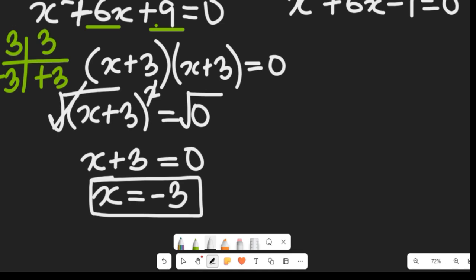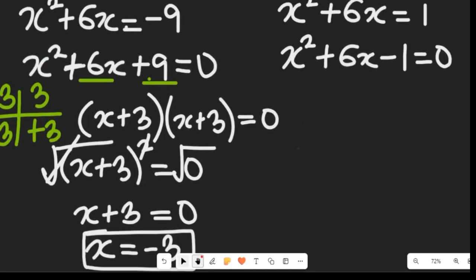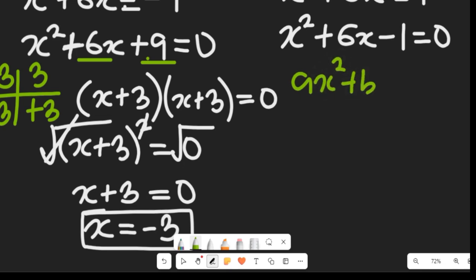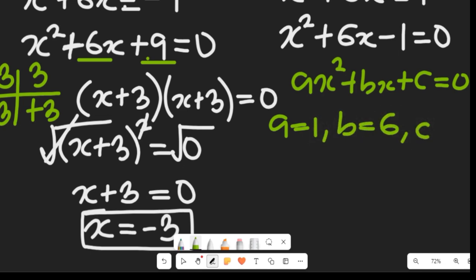Now from this other side, we can't use the factorization method. So what we are going to use is the quadratic formula. From here, you can see that this is similar to having ax squared plus bx plus c equal to 0. From that expression, our a is equal to 1, our b is equal to 6, and our c is equal to -1.